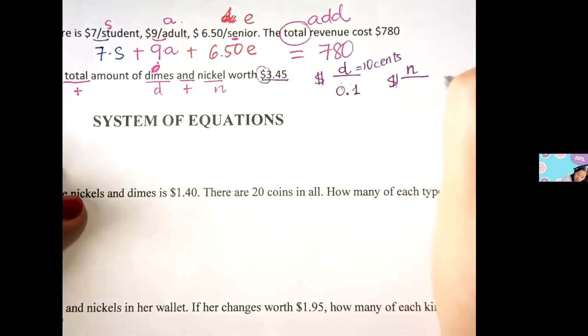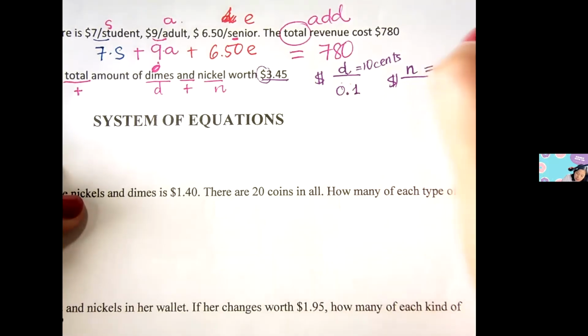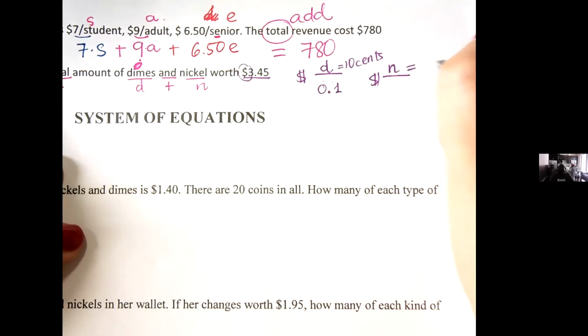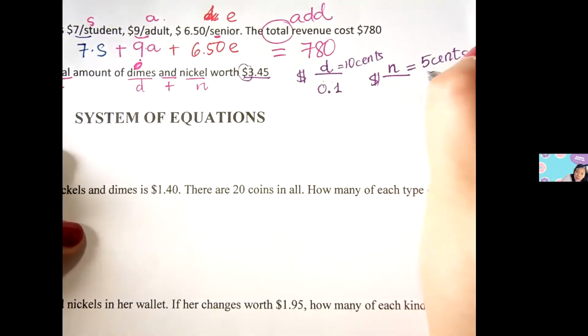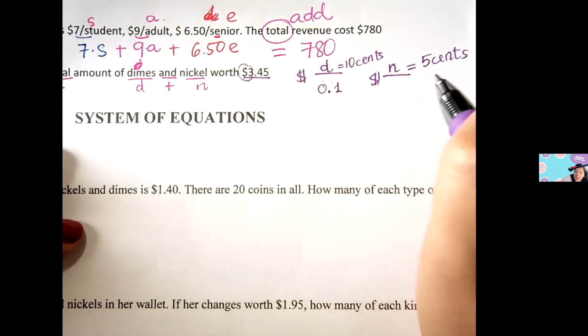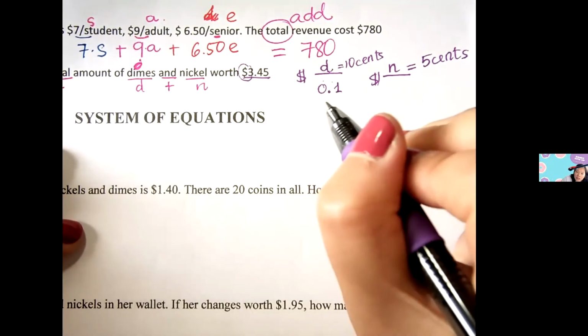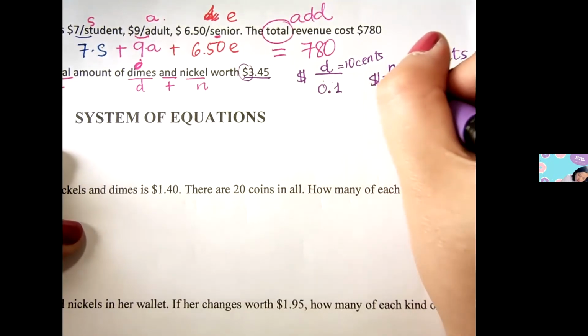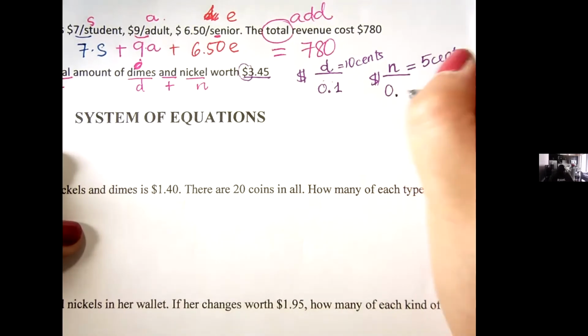There we go. How about the nickel? How many cents is a nickel worth? Nickel is 5 cents. So we have to translate the 5 cents into dollars, since each dollar is 100 cents.